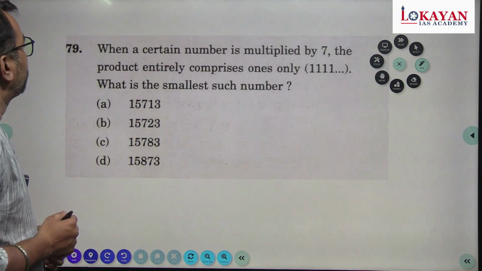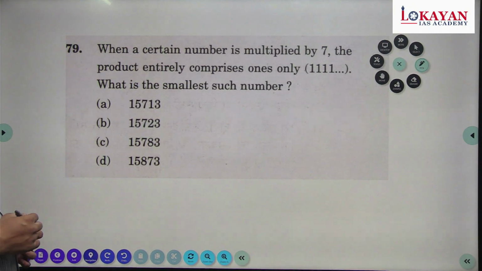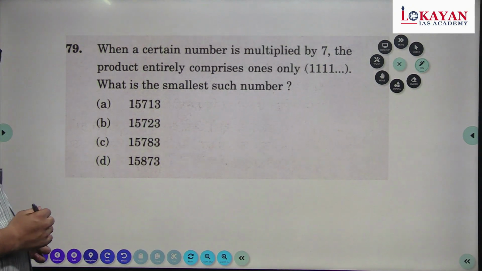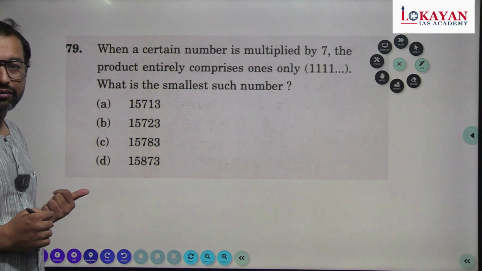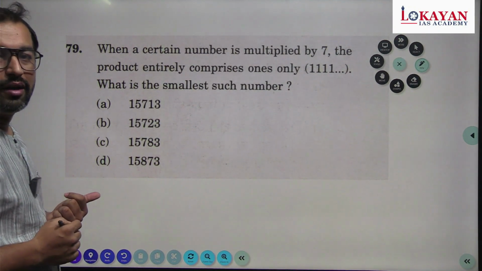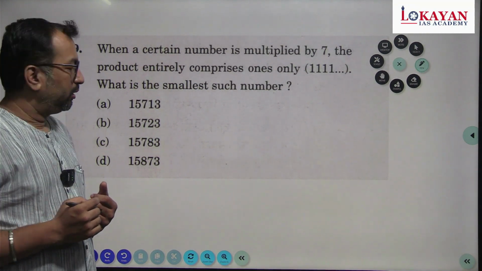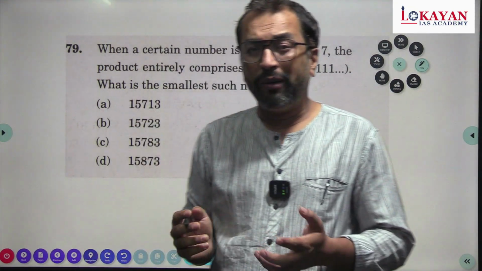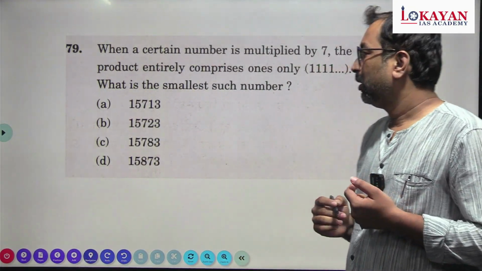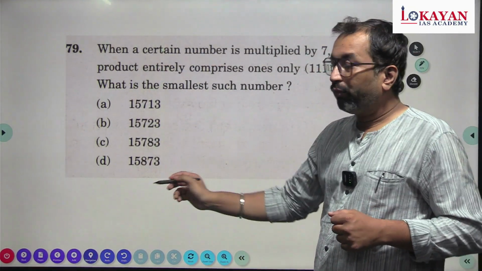Next. When a certain number is multiplied by 7, the product consists of ones only. How many ones we don't know. But they have given 4 options.